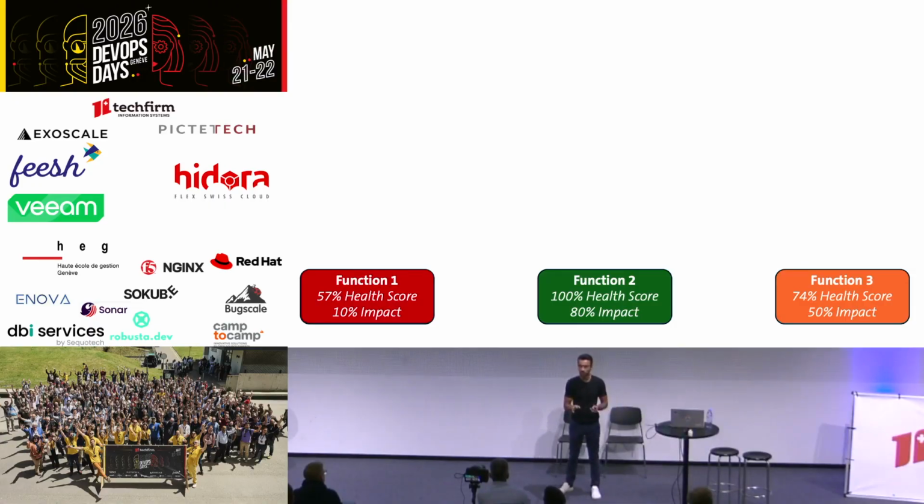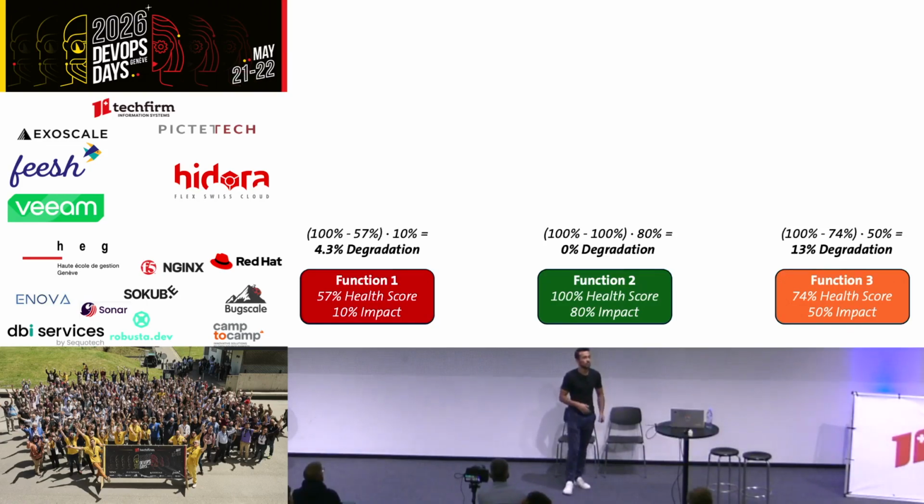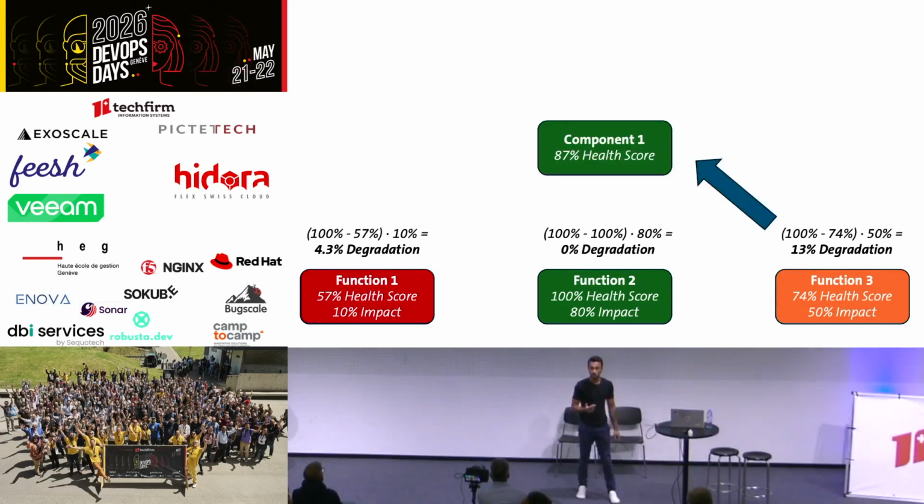They can have different impact on the component. We have a way of computing that, and then we have a simple degradation method, and basically we are able to derive a health score for the component as well. So now, based on the anomalies at the bottom for each function, we can propagate this to the component. The microservice now has a state also, based on the functions and the anomalies.